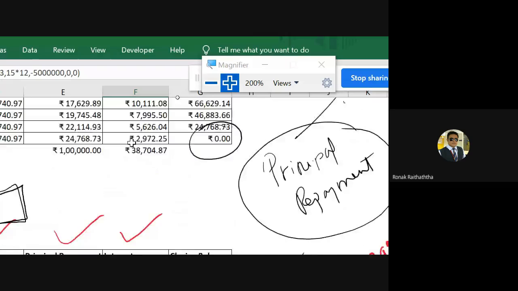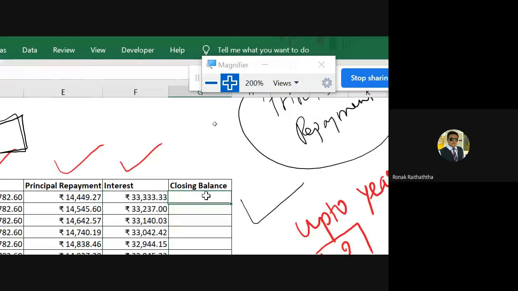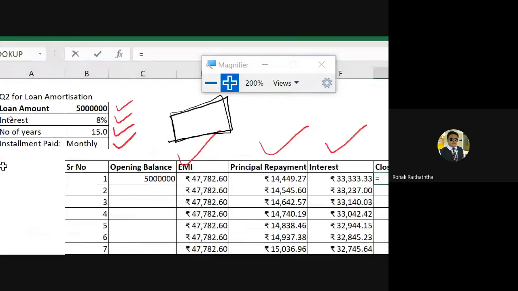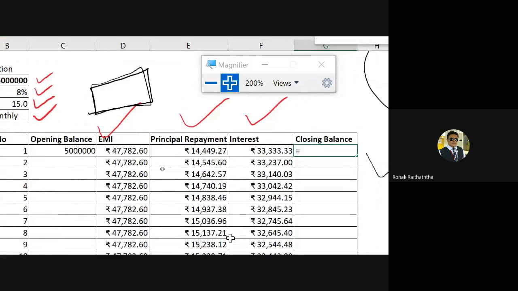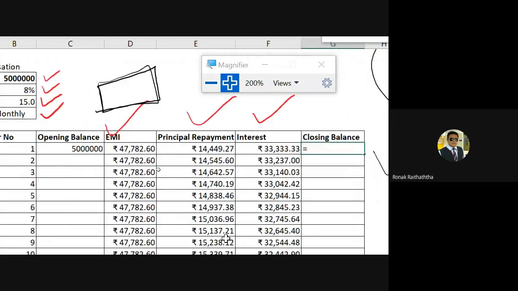Now can someone tell me the formula of the closing balance please? Equal to, may I have the answer of closing balance, every one of you? Opening minus principal. Yes, very true.